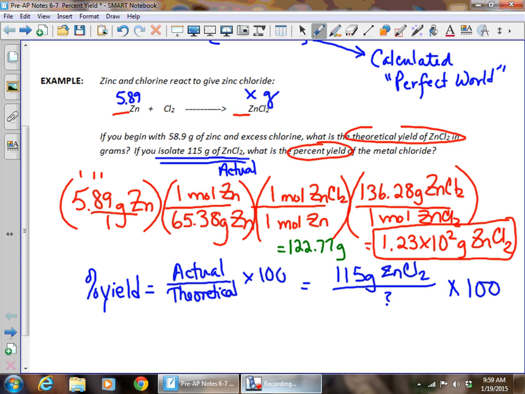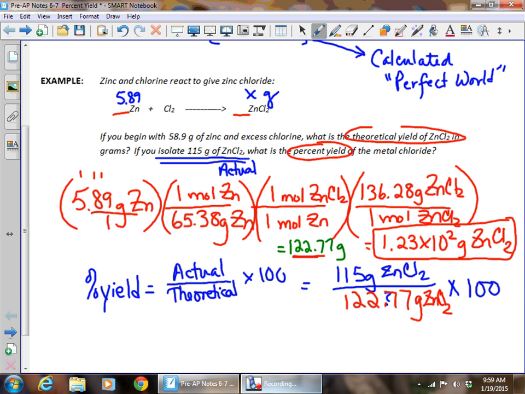Now, the second part of the question wants us to give the percent yield. So we've already put down the actual yield on top of 115 grams. Now we need this theoretical yield we just determined. Now be careful because you never want to use a rounded value, remember. So let's go back and use this value to put in the bottom down here. We don't want to use a rounded value in our calculation.